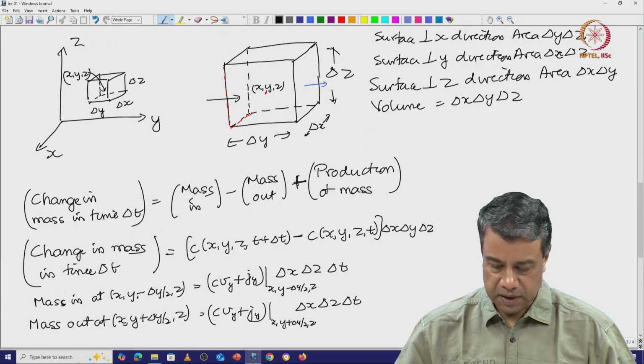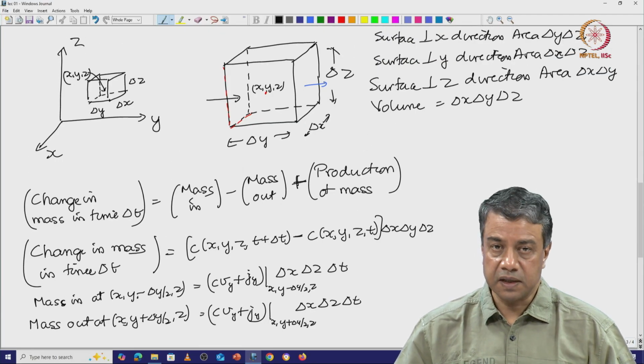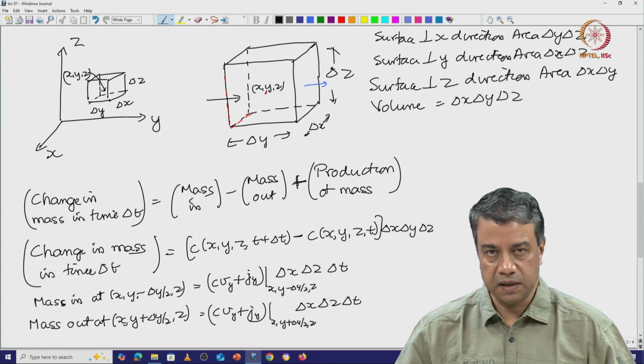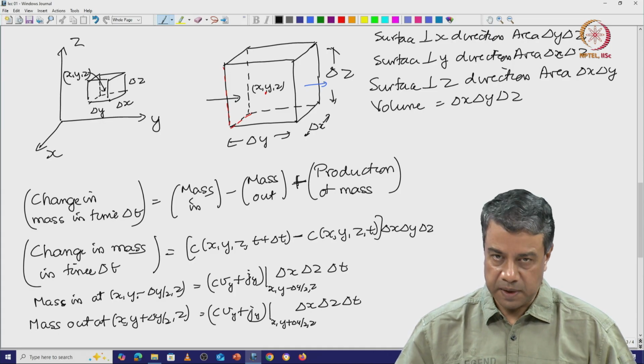That is the mass out on the right surface. Similarly, you can write the mass in and the mass out at the front and back surfaces.